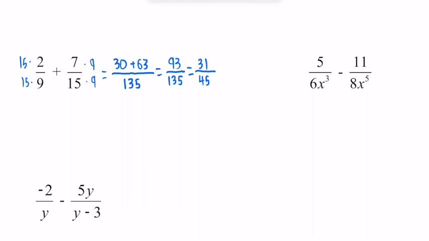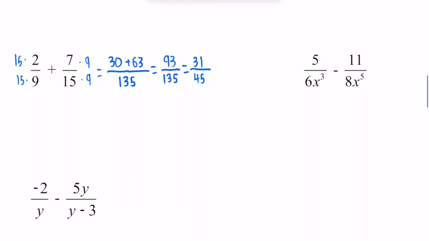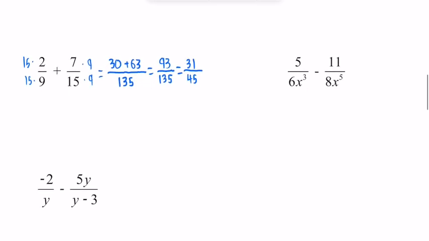Let's try something similar for 5 over 6x cubed minus 11 over 8x to the 5th. On the first one, I'm going to multiply the top and bottom by 8. The second one, I'm going to multiply the top and the bottom by 6.